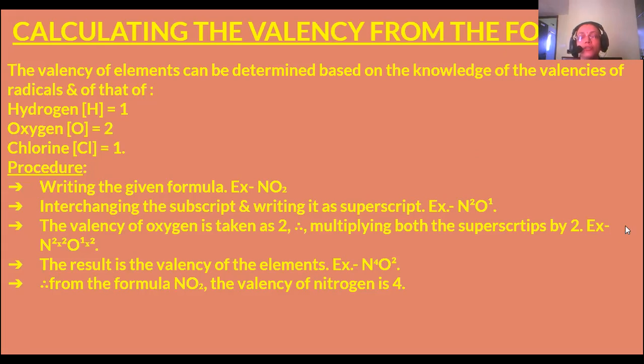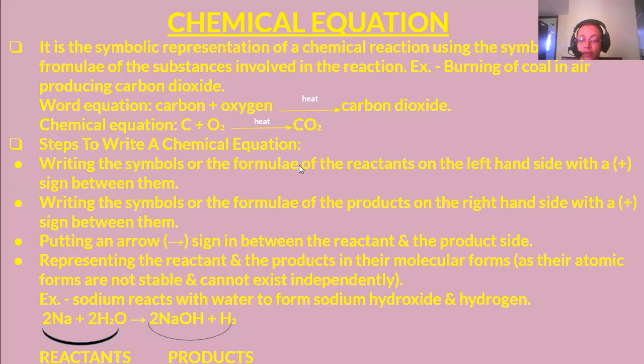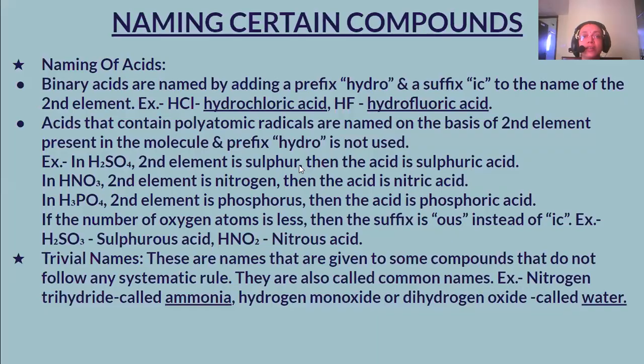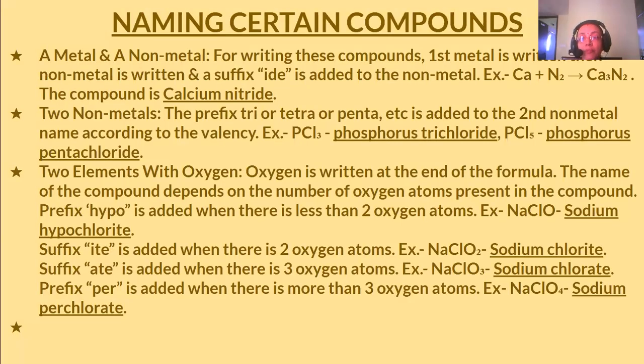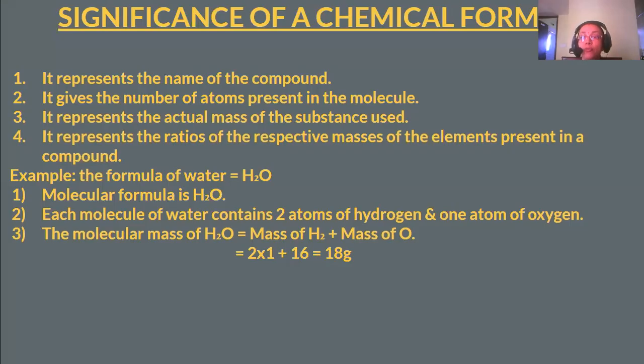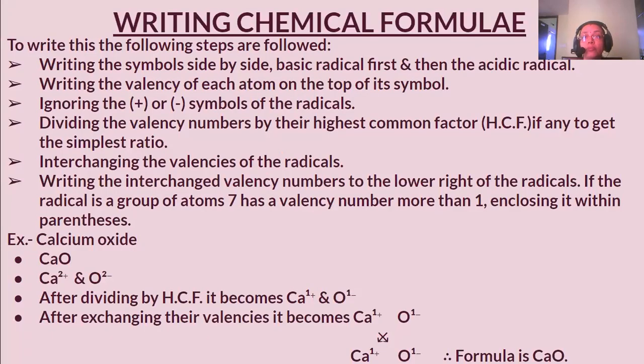Today, I'm going to continue with the discussion of the language of chemistry chapter according to the ICSE syllabus, class 9. In my last few videos, I was discussing the language of chemistry, where I covered how to name certain compounds, and the significance and importance of the chemical formula, and how a chemical formula is written.